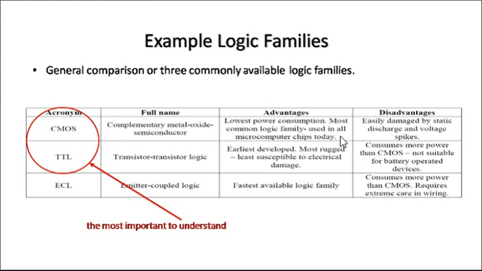CMOS: lowest power consumption, the most common logic family used in all microcomputer chips today. TTL: earliest developed, most rigid, least susceptible to electrical damage. And ECL: the fastest available logic family.